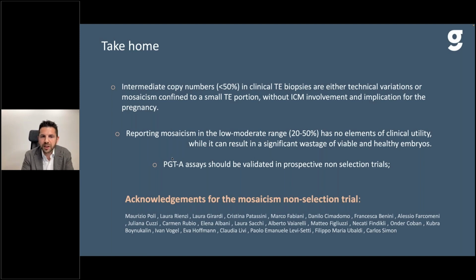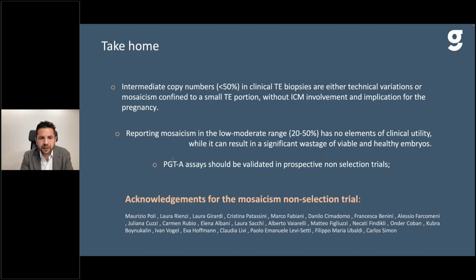Reporting this type of mosaicism, or even worse, overcalling mosaicism, has no clinical utility, while it can result in a significant wastage of viable and otherwise healthy embryos. And this is something that I hope our data from a prospective non-selection trial will help to avoid, or at least to improve decision-making of patients with more evidence.